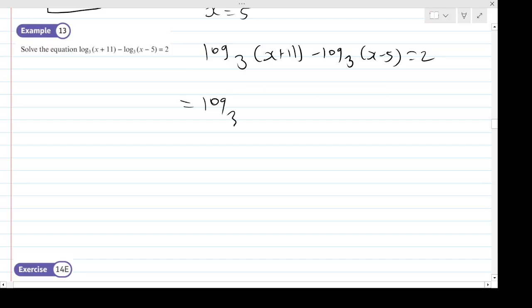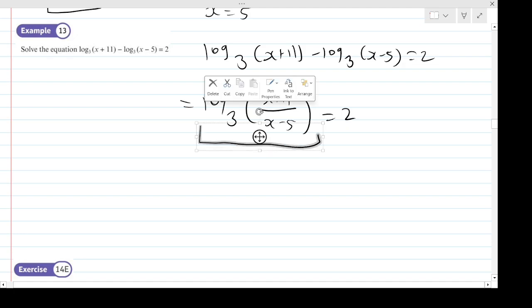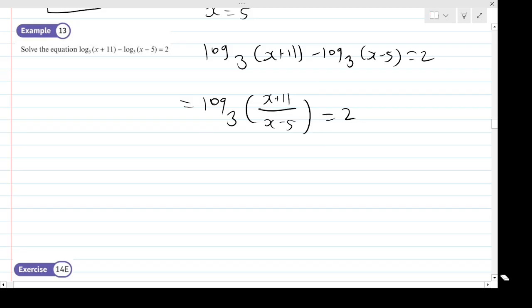So log 3 of x plus 11 divided by x minus 5 equals 2. At that point you could convert it into an exponential: base 3 to the power of 2 equals what I've got inside, x plus 11 over x minus 5. Then we can solve this fraction.